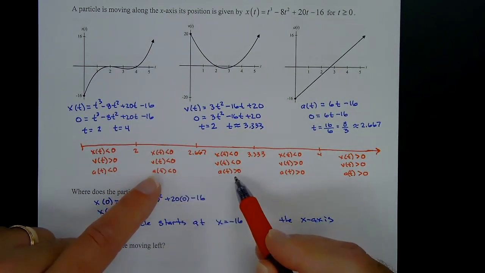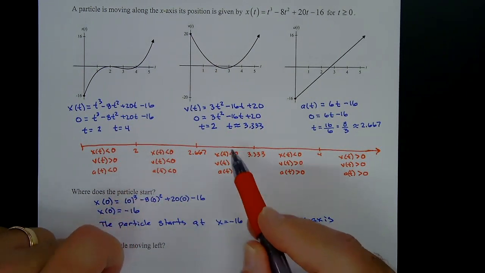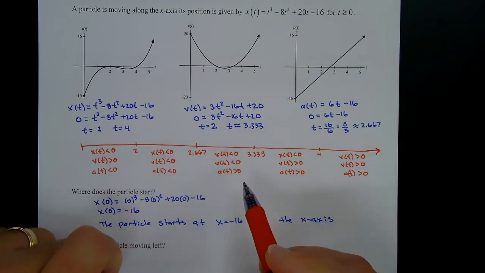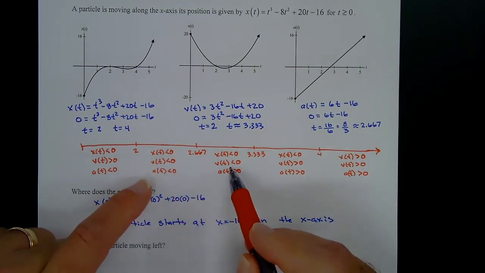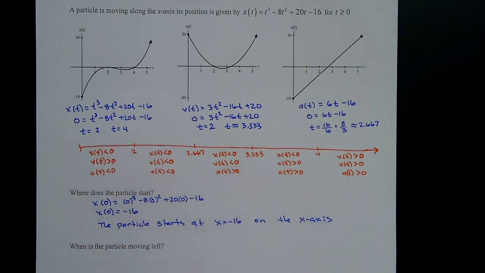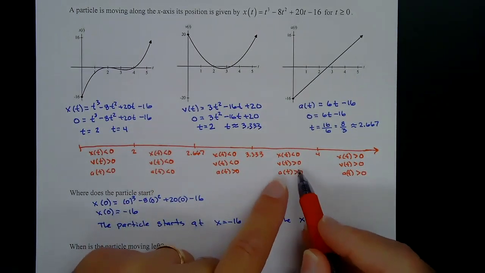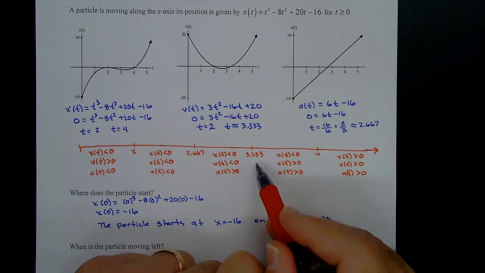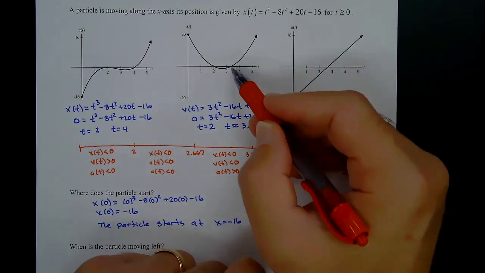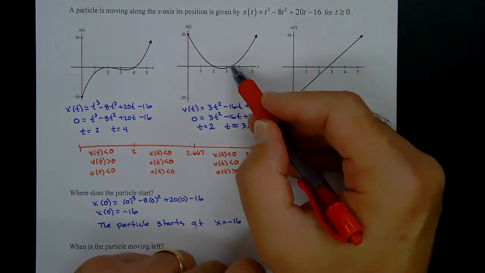Velocity is negative, acceleration is positive, so I'm slowing down here, okay? And here I'm speeding up, but here I'm slowing down, okay? And then here I'm speeding up again because at 3.333, I stopped, right? At 3.33, okay, that's right here.